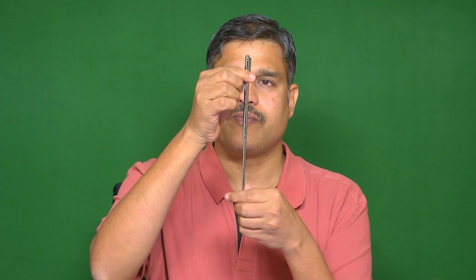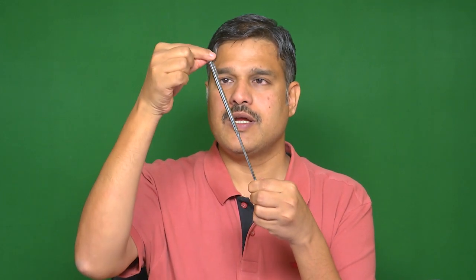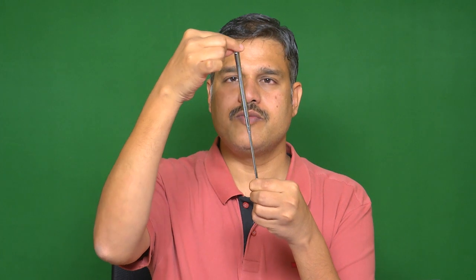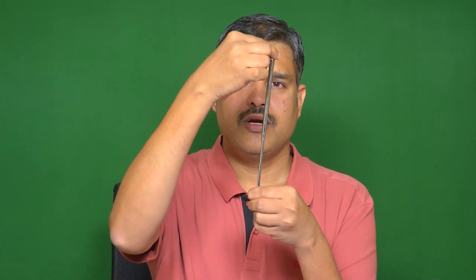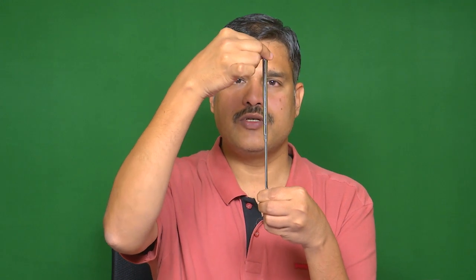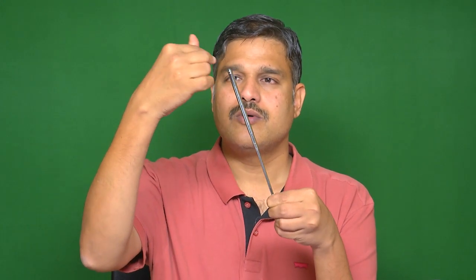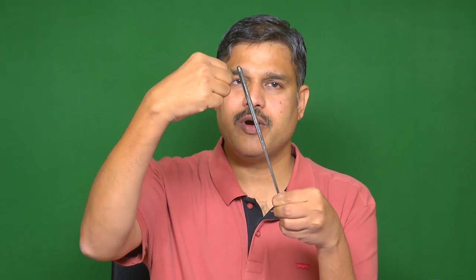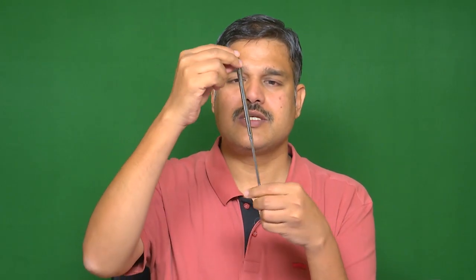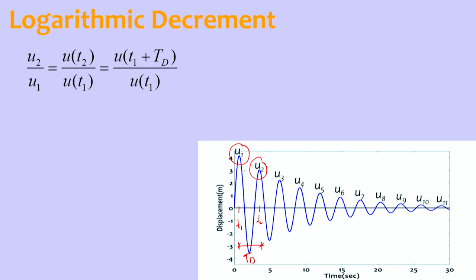The first peak is U1, and after that the system moves to the mean position, overshoots, and again comes to the mean position and comes back. The time taken from this peak point to the second peak point is called one period. Because damping is present in the structure, we call it the damped natural period. Similarly, the time distance between the next two peaks is also Td. So every peak is separated by the damped natural period, which is a fixed value in this system.